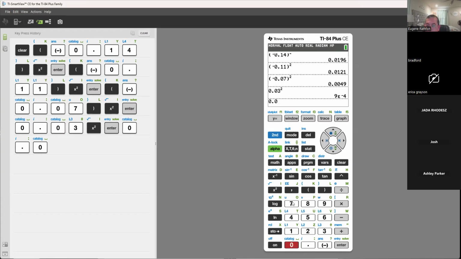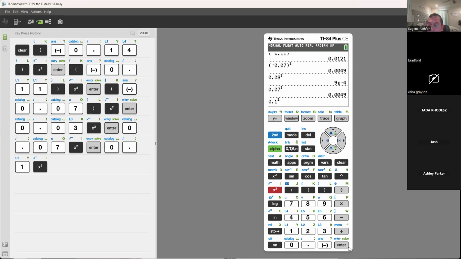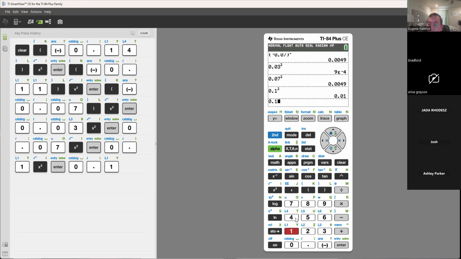All right, 0.07 squared gives me a 0.0049. 0.1 squared gives me a 0.01. And y'all finally, 0.14 squared gives us a 0.0196.